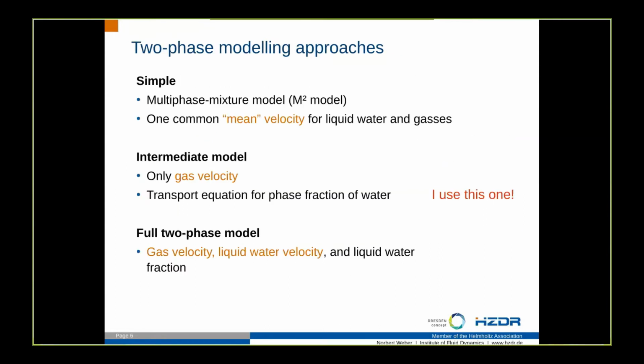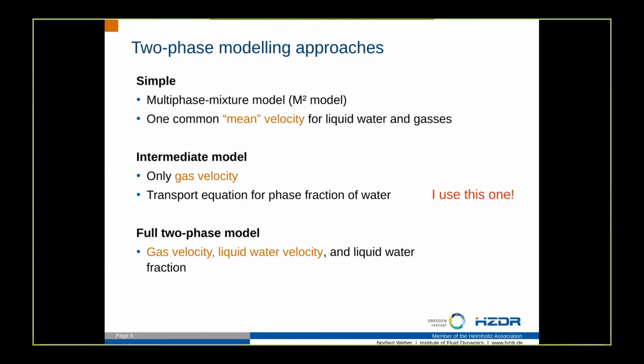One quite challenging thing is 2-phase modeling. Basically for fuel cells, 3 different 2-phase models are used. In the most simple case, people use the so-called multi-phase mixture model, especially with Fluent. They compute only one mean velocity of the liquid water and the gas phase.